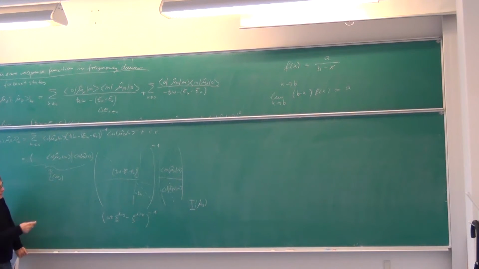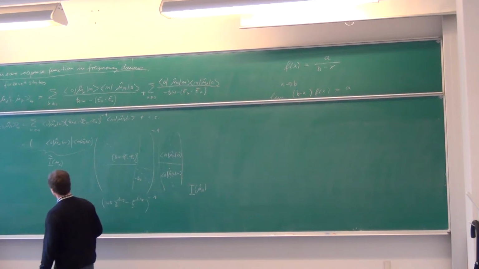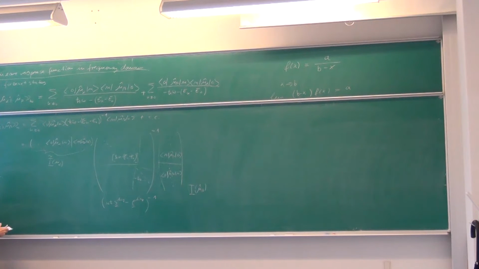So using those definitions, an element of the diagonal E matrix, the n element, would be E_n minus E_0, whereas an element of the diagonal S matrix would be either plus or minus 1, dependent on whether it's in the upper half or the lower half of the matrix.